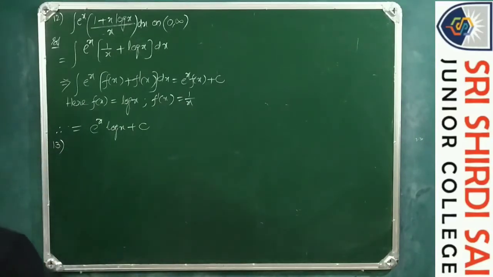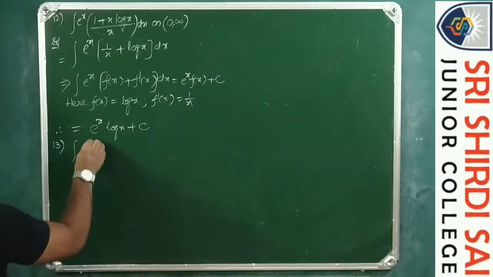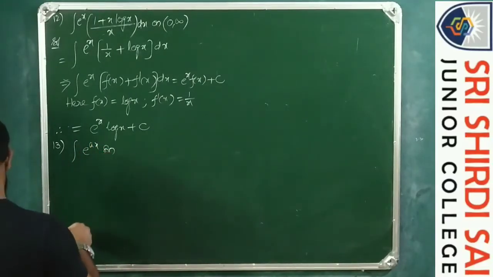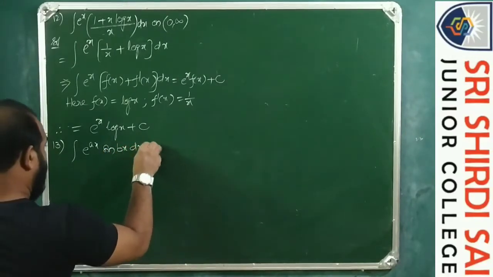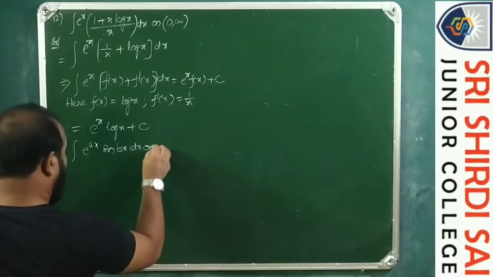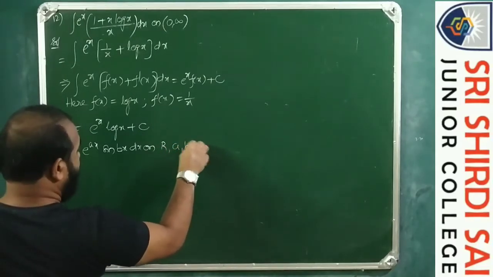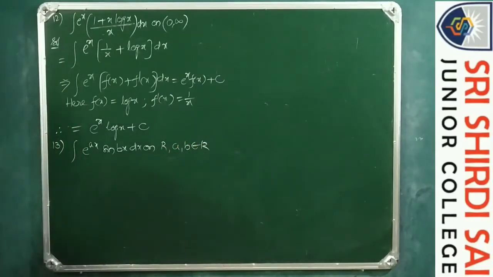The next question is integral e power ax into sine bx dx on R, a comma b belongs to real numbers.